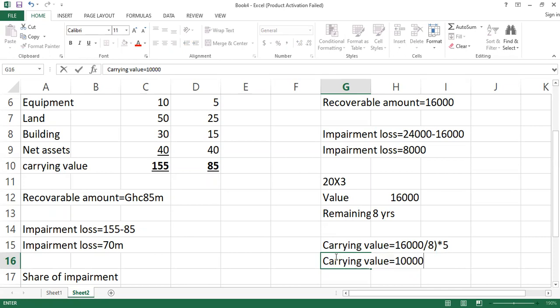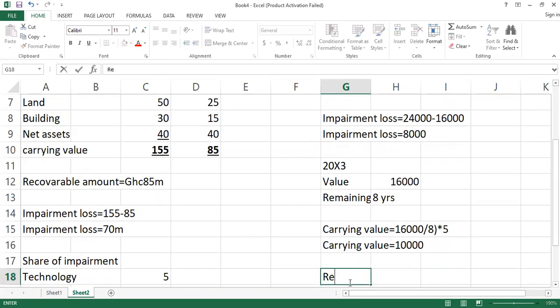But what value are they saying right now? That is the recoverable amount. 40,000. Don't go and say you are going to take 30,000 as a gain. No. The impairment that you recognized was only 8,000, so you can't reverse impairment more than the 8,000.